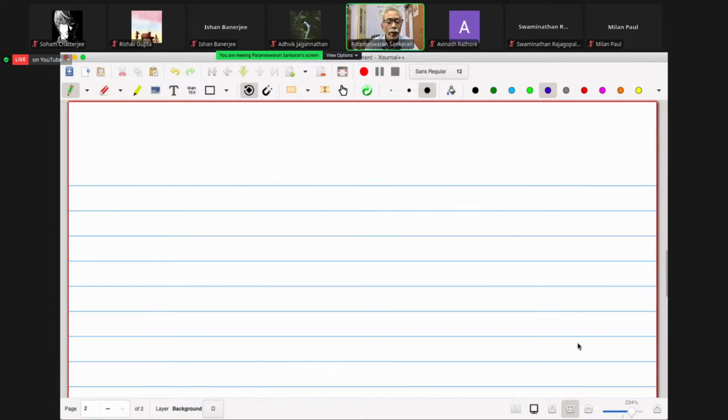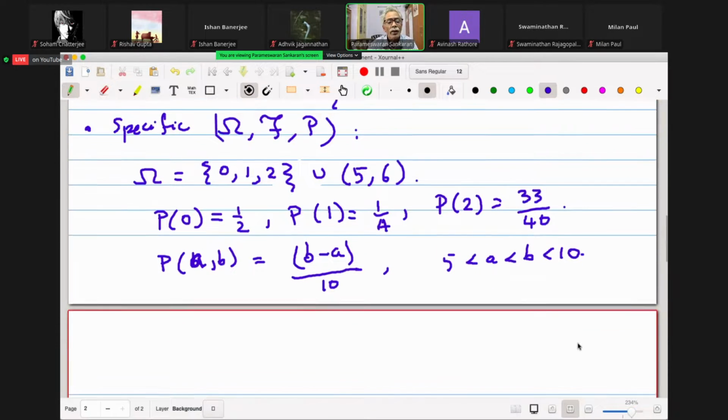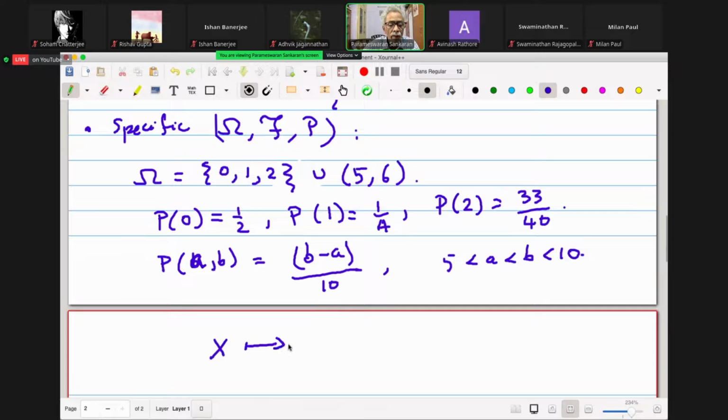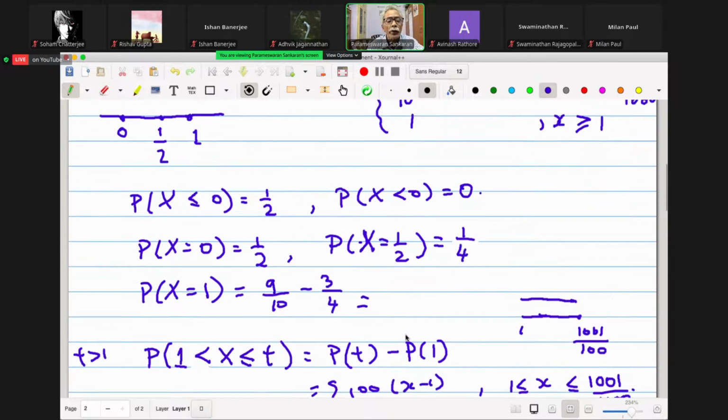Okay, now what is your X in this one? Of course, there are many ways of doing this, but at the moment, you keep everything simple. X carries 0 to 0, maps 1 to half, since I think the next jump discontinuity was at half.